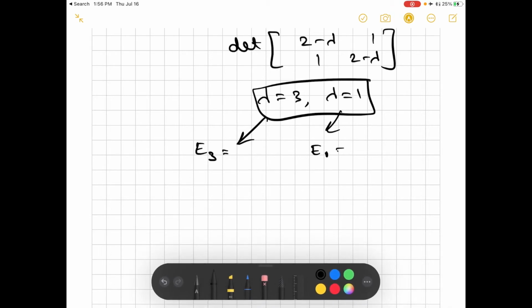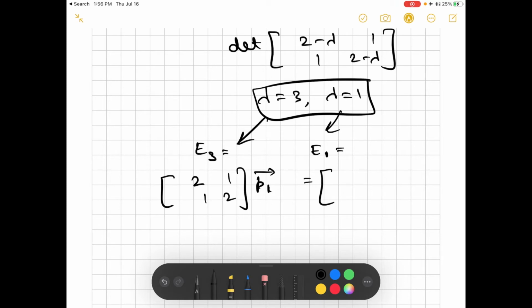So E3 and E1 can now be calculated using the simple definition AX equal to lambda X. So we will write 2, 1, 1, 2. P1 is the eigenvector corresponding to lambda equal to 1, and P2 is the eigenvector corresponding to lambda equal to 3.